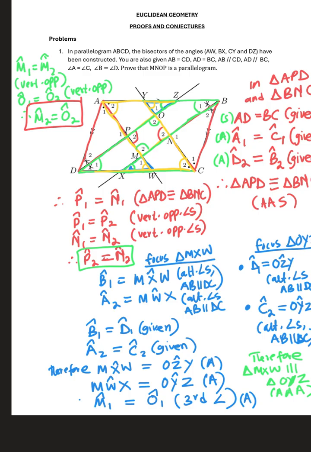Therefore we can conclude that MNOP is a parallelogram. And then we have proved that it is indeed a parallelogram.